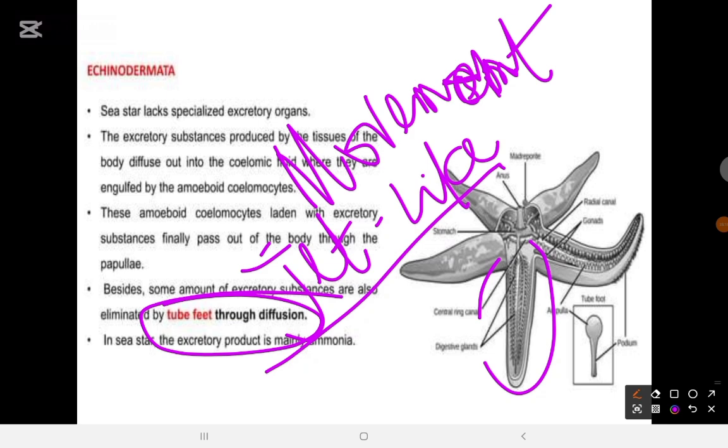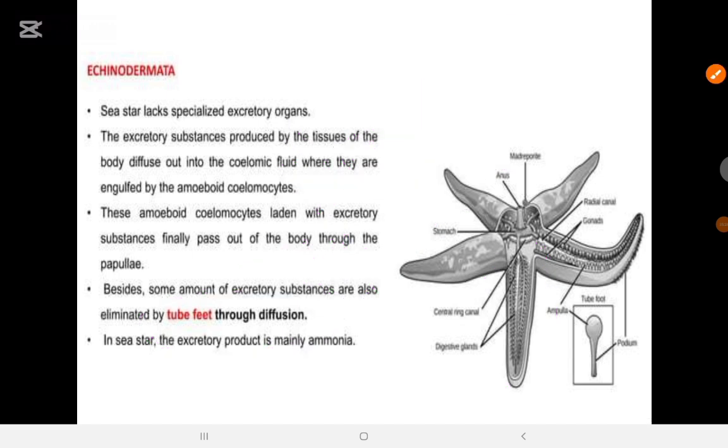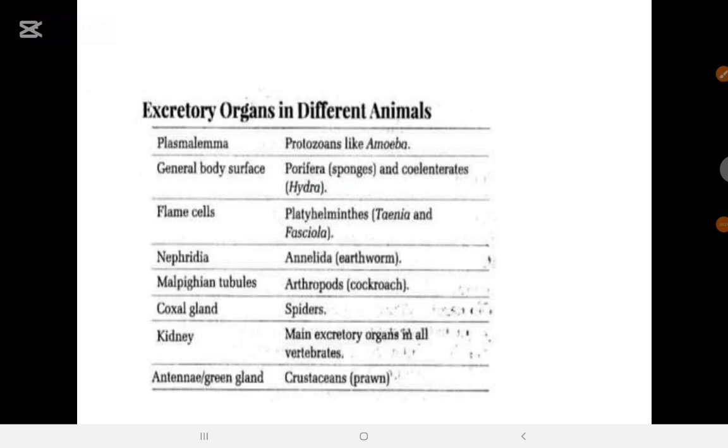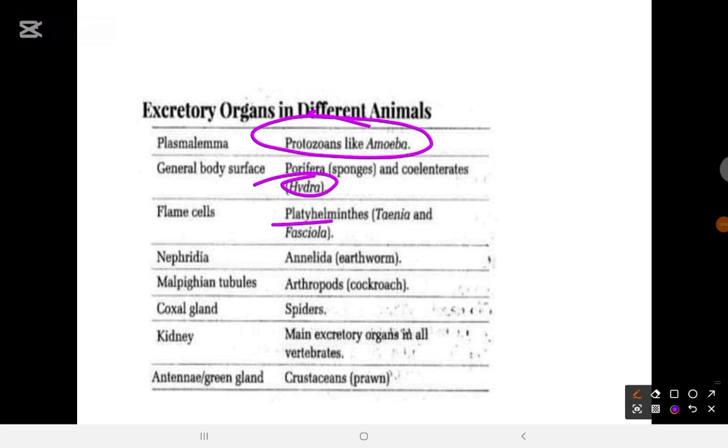Basically, they excrete by what? Tube feet diffusion. And their excretory product is majorly ammonia. So, excretory organs in different animals. We have the plasmalemma, that is their body surface, in amoeba. General body surface in hydra. Flame cells in platyhelminths, e.g. Taenia solium or Taenia saginata, Fasciola hepatica; those use flame cells, or protonephridia.